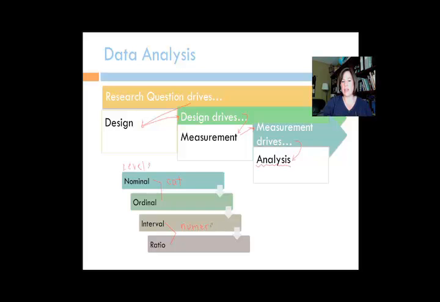And SPSS calls interval and ratio level variables scale. If you want to review levels of measure before we get into inferential statistics, that's a possibility, because you'll need to know these now like the back of your hand. They drive the analyses that you can perform.